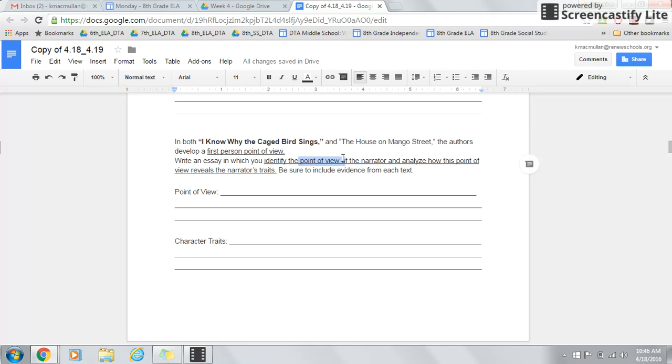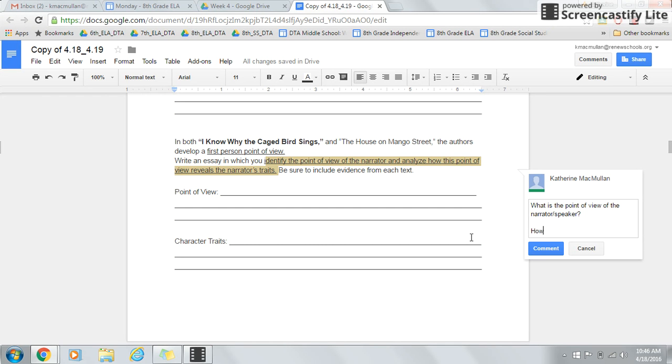Let's see what our 2 questions are first. First, what is the point of view of the narrator or the speaker? What are the thoughts and feelings of them? And how does the point of view show the narrator or speaker's character traits?